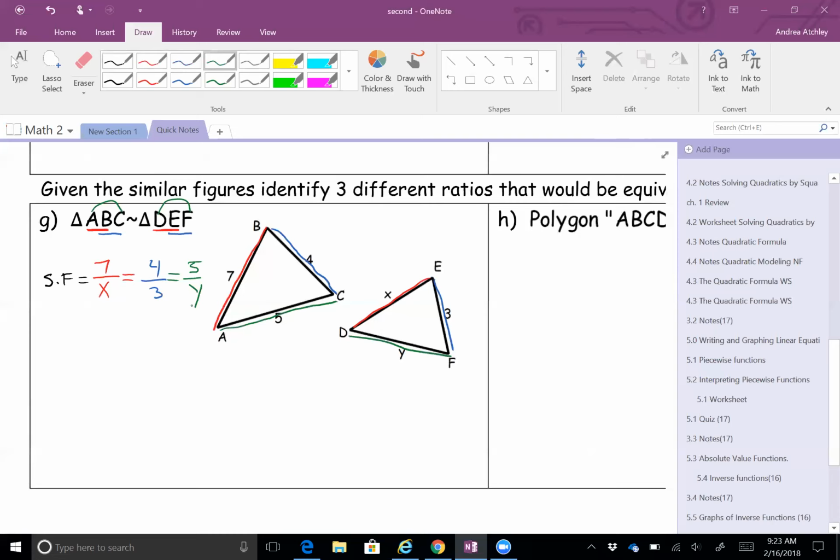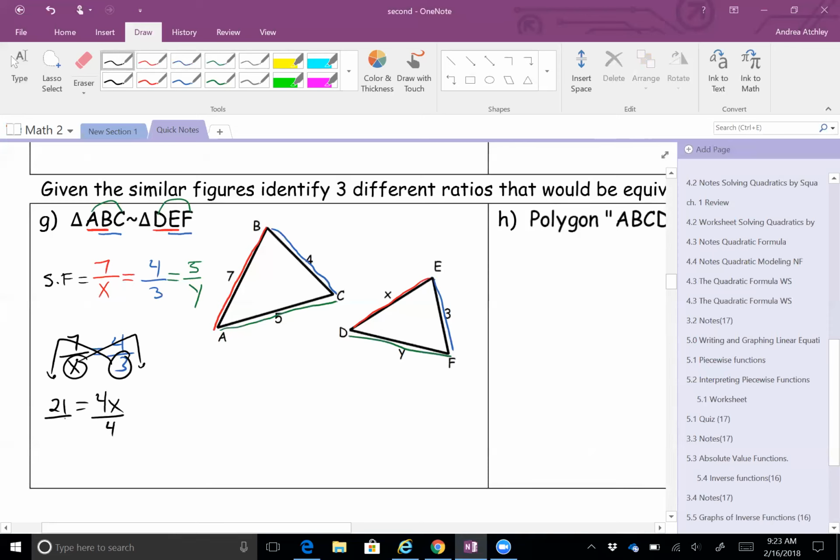Then we could find the missing sides by doing 7 over X equals 4 over 3, and cross multiply. So this times this and bring it down. And then this times this equals 4x.